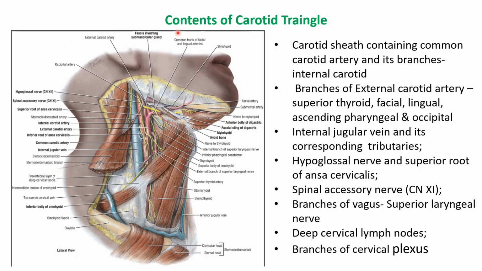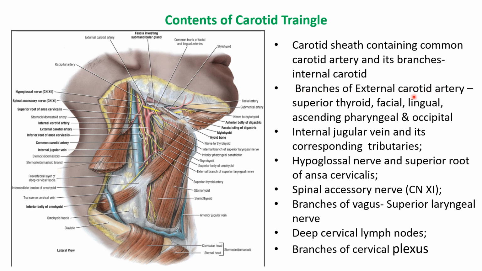So now let's do the contents of the carotid triangle. It is the carotid sheath containing the common carotid artery and its branches, the internal carotid artery mainly, and the external is usually outside. Maybe some parts of it initially may be present in it, but we know that the carotid sheath contains the common carotid artery and the internal carotid artery with the vagus as well as the internal jugular vein.